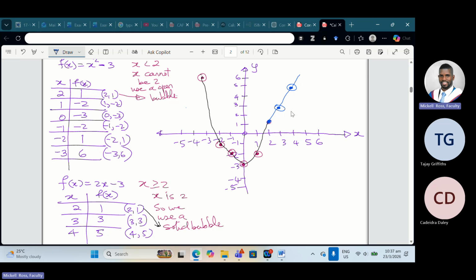So this is the reason why this is a continuous function, where one function stops, the next one picks up. All right, so it continues. It's almost like you're running a relay, right? The relay is such that the baton must leave from one hand and into the next person's hand.